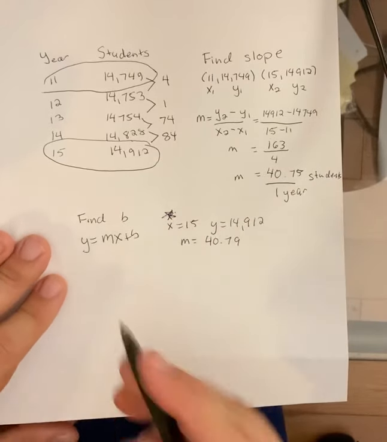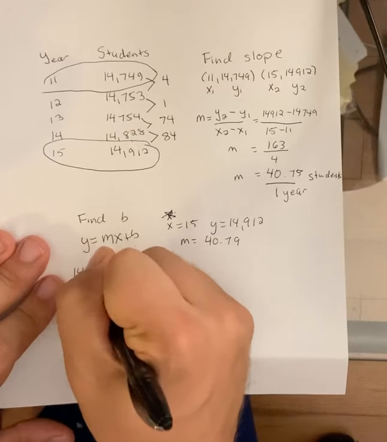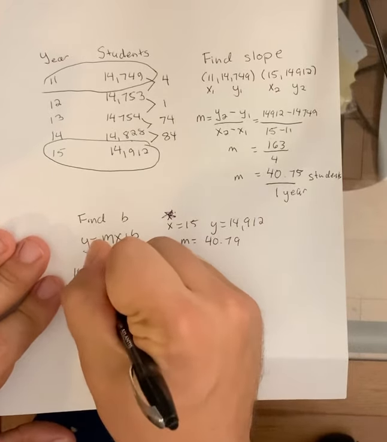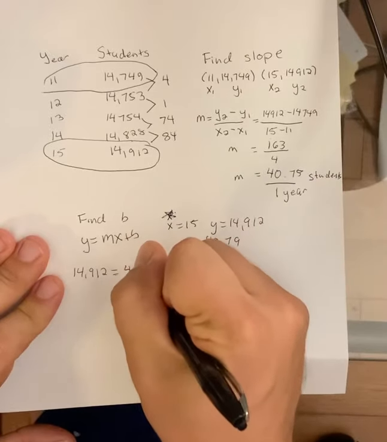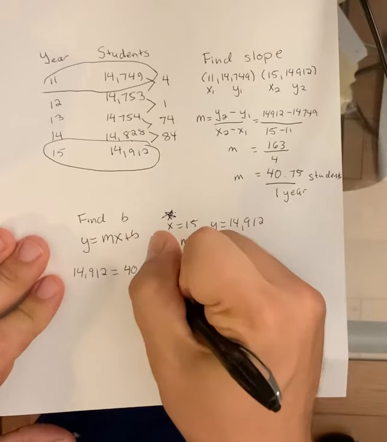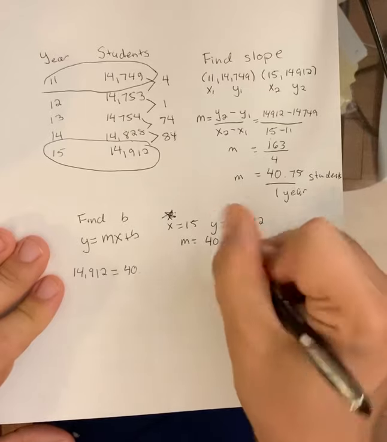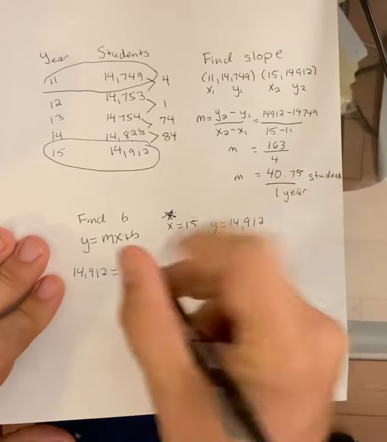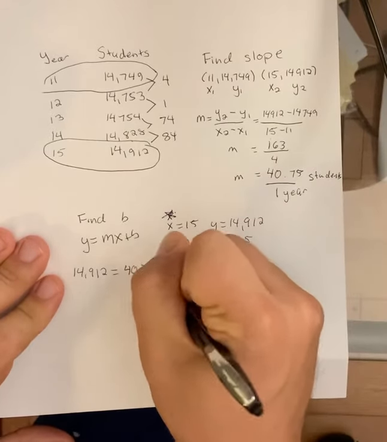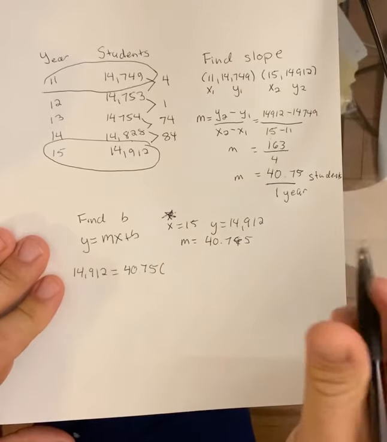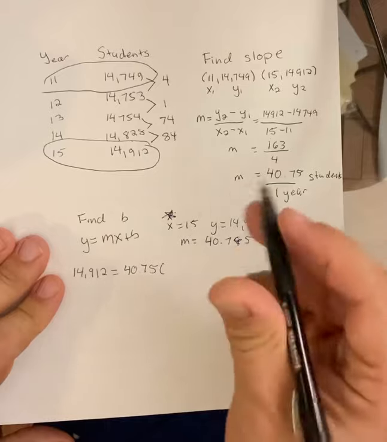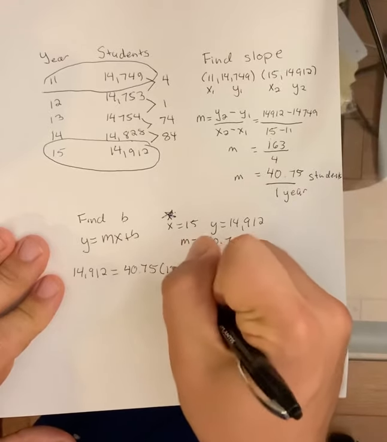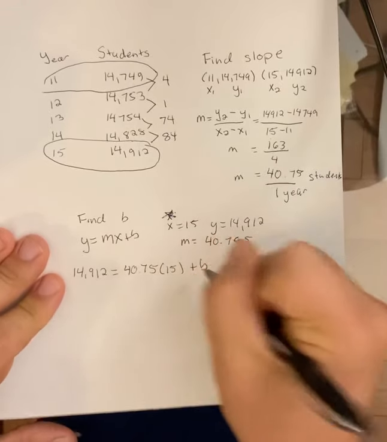So putting all of that into this equation, we have 14,912 is equal to 40.75 times the x value here, 15, plus b.